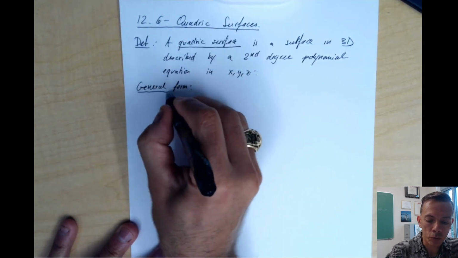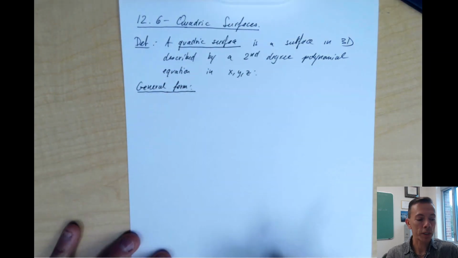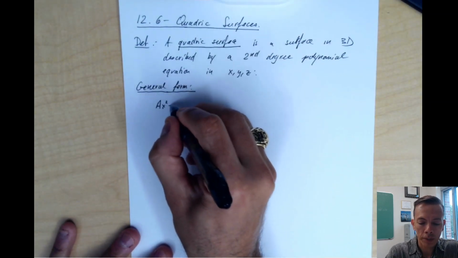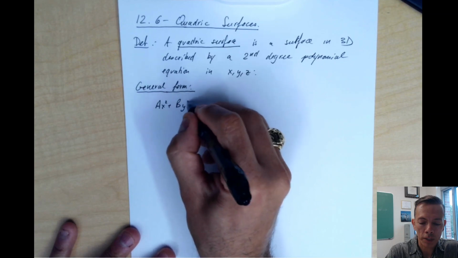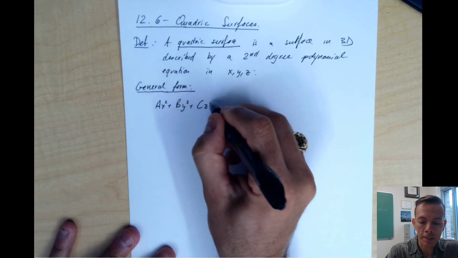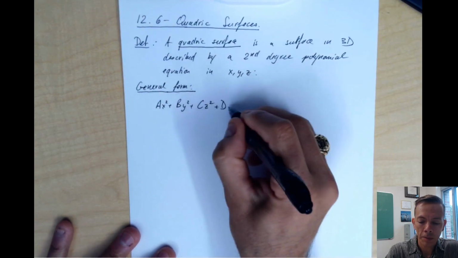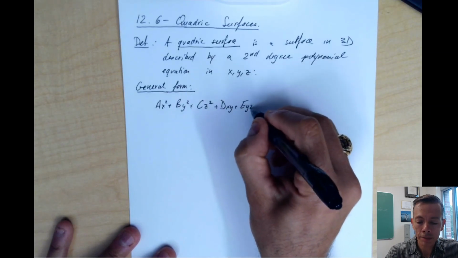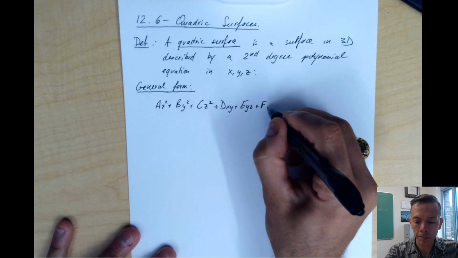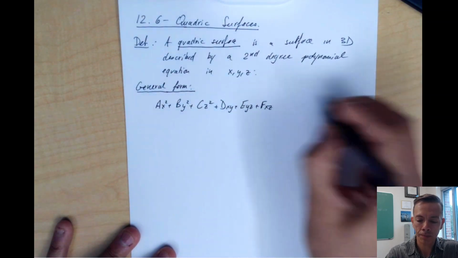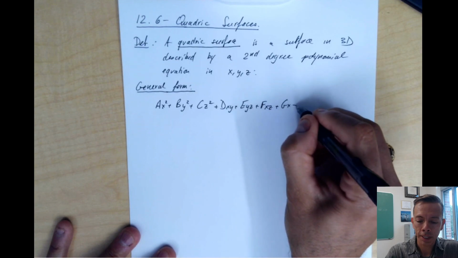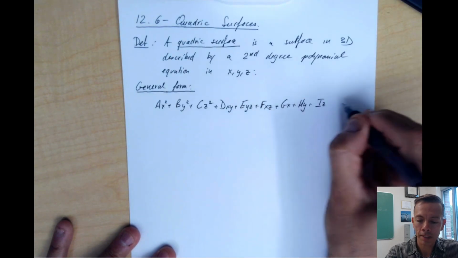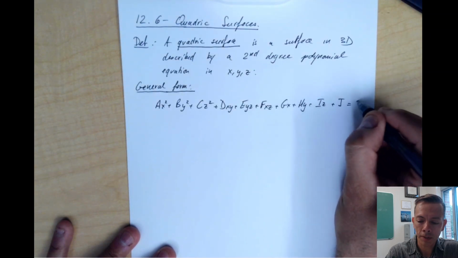The general form of the equation of a quadric surface looks like this: a x squared plus b y squared plus c z squared plus dxy plus eyz plus fxz plus gx plus hy plus iz plus j equals 0.